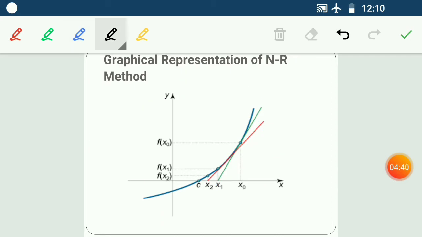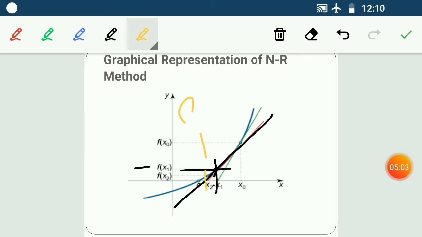We will locate this x1 on the curve. That point is my f of x1, and this is my new point. Now I will draw the next tangent at this point to the curve, and where this next tangent cuts the axis, that gives the new approximated root.